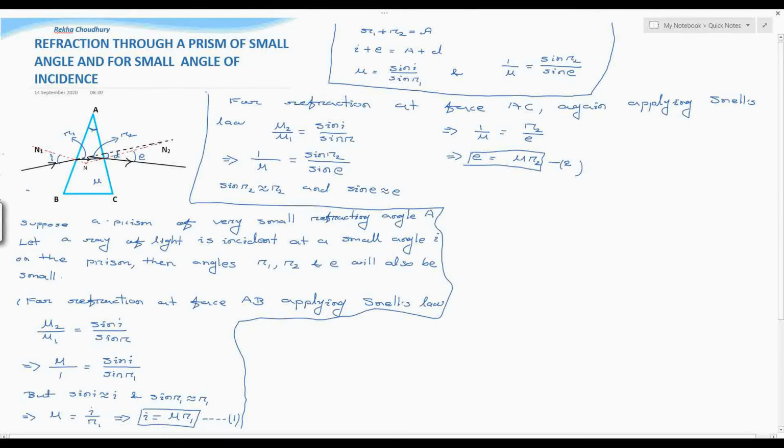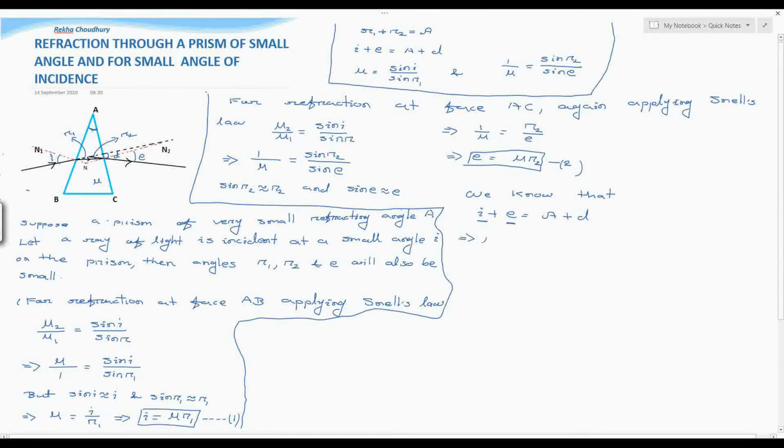Now from the above equation, we know that I plus E is equal to A plus D. Putting these values of E and I in that equation, let us replace I and E by equations 1 and 2.